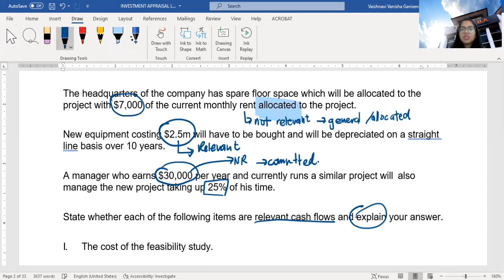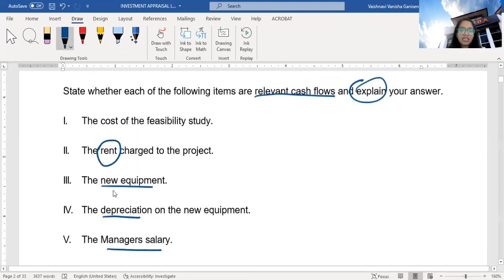All right. So if you want to explain your answer, how do you do the explanation? Okay, like this example. I'm just going to give you one or two examples.